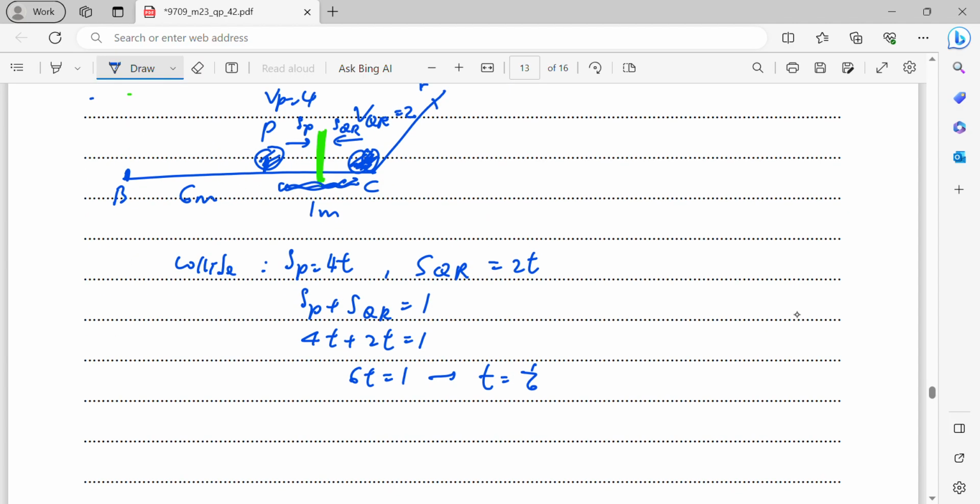So now I need to find the distance. SP is going to be 4 times 1/6, which is 2/3.